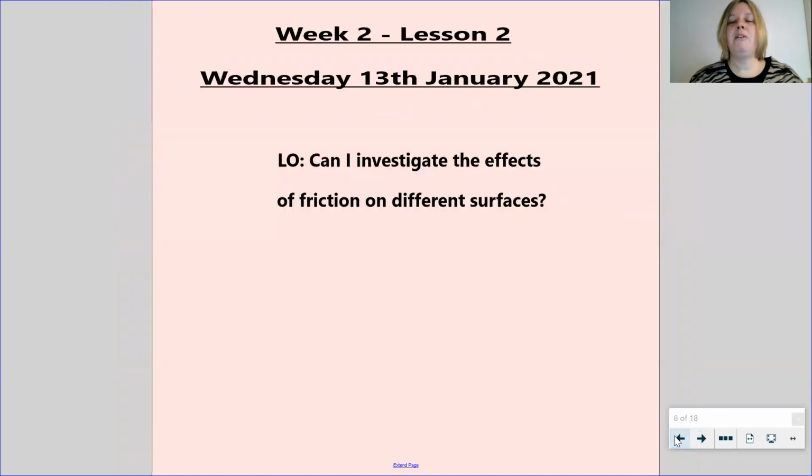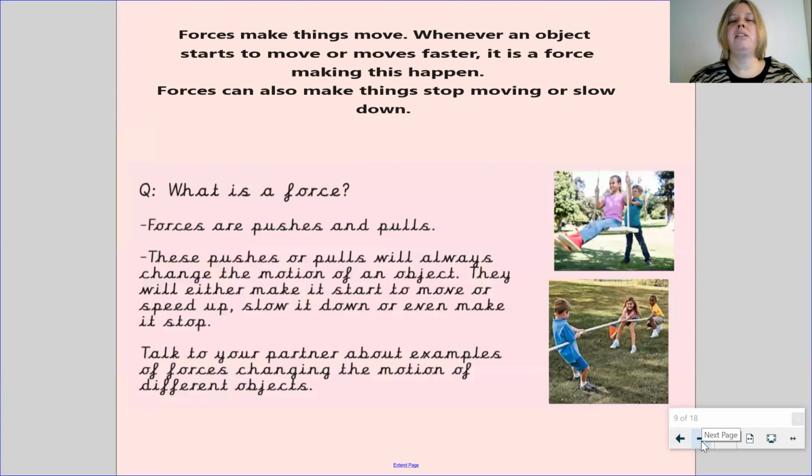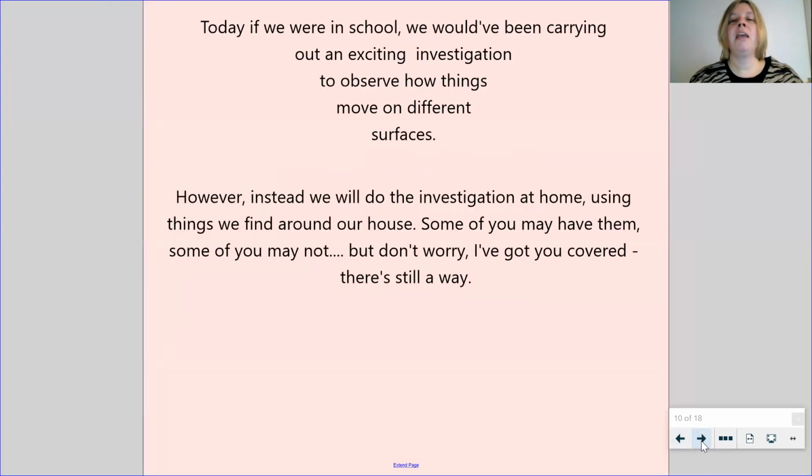Now let's think about our new learning for today. Our learning objective is, can I investigate the effects of friction on different surfaces? Today, if we were in school, we would have been carrying out an exciting investigation to observe how things move on different surfaces.